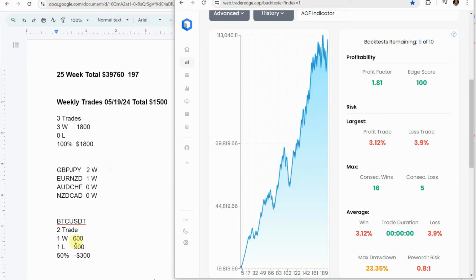On the crypto coin, we did 2 trades, 1 winning, 1 losing, a 50% win rate, and would have been a drawdown of $300. For the week total, we would have been up $1,500, and at the 25-week total now, we would have been up $39,760 over 197 trades. So really good stuff from the Academy of Forex Indicator.